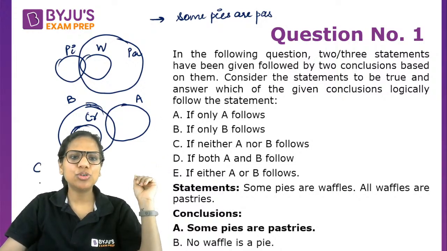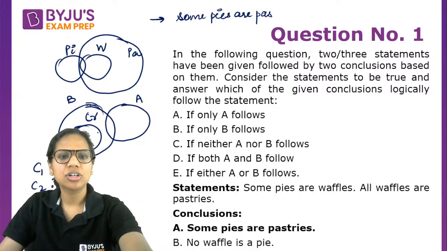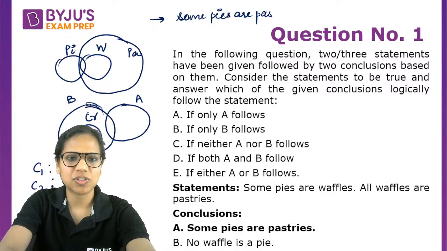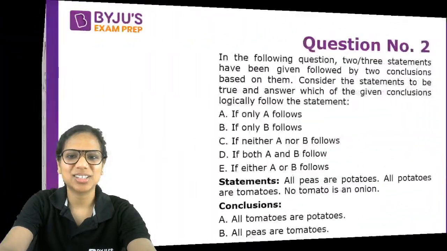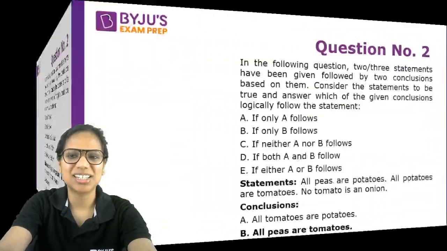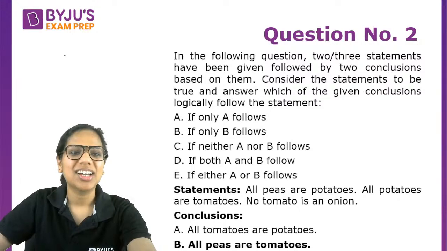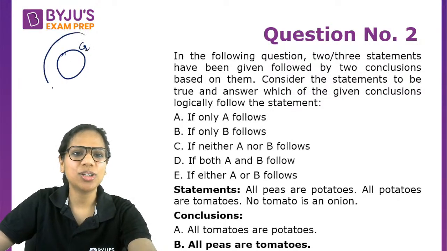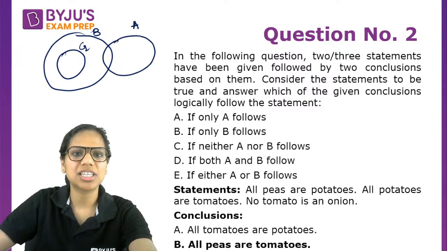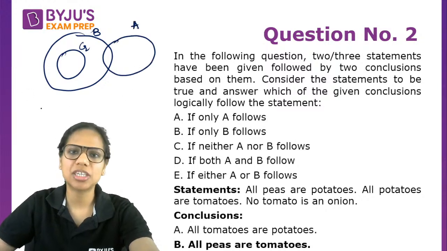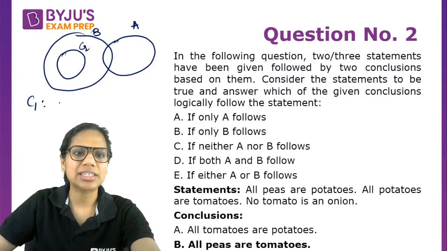Now, if I give you two conclusions on the basis of these premises. The premises given to you are: all crows are birds, and some birds are animals. Conclusion 1 says some crows are animals.